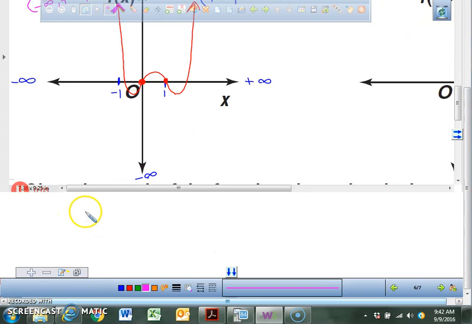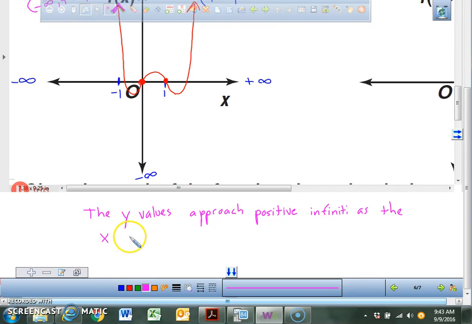Basically, the y values approach positive infinity as the x values, or as x, approach negative infinity.